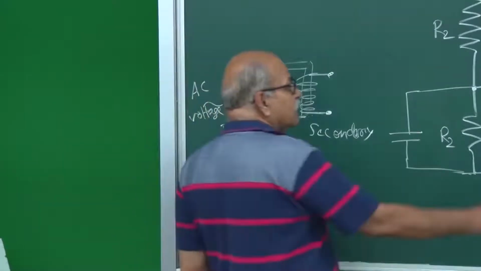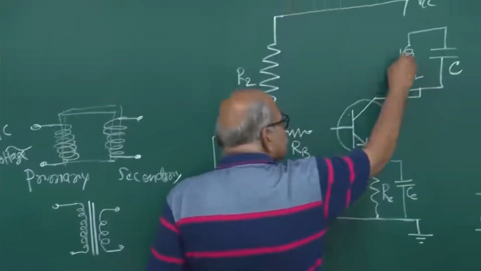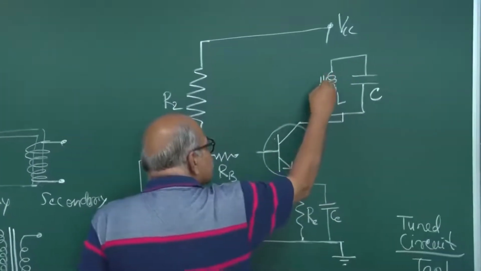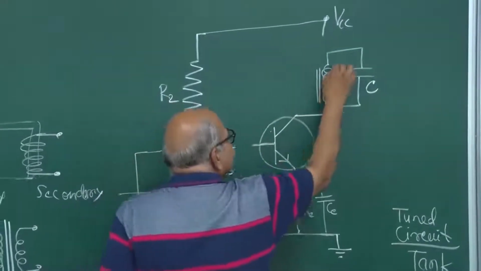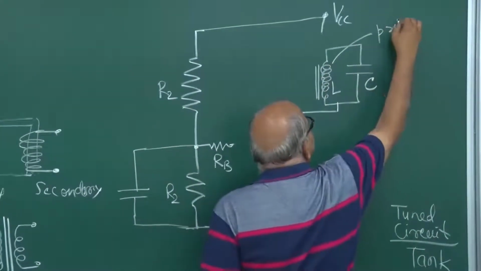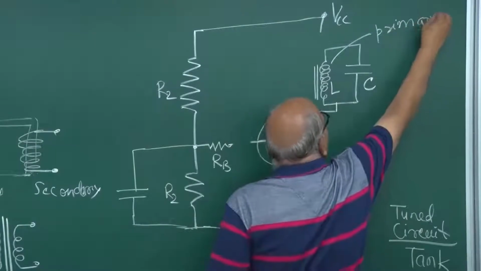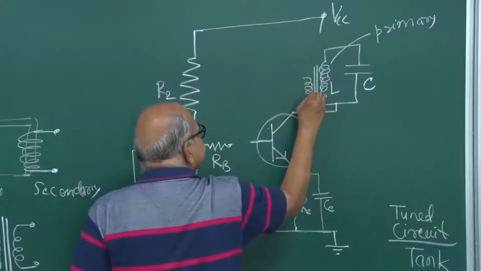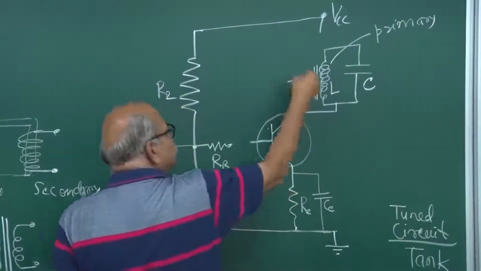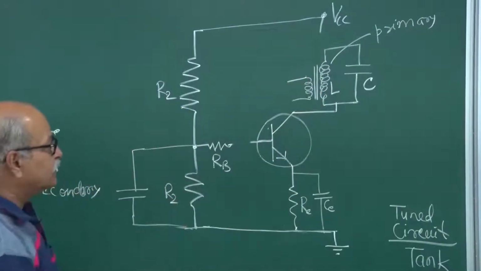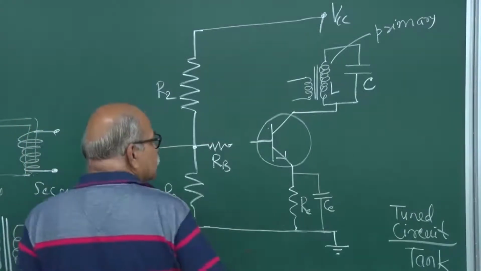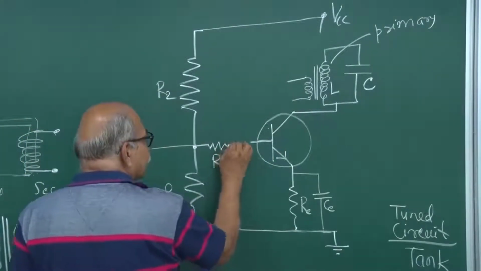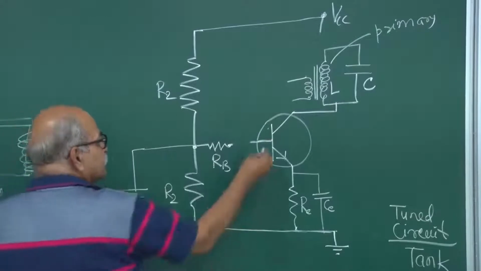So we put the symbol here. This is that transformer primary. This one is that primary. And then you have secondary, and number of turns you can decide, and also the way these windings are done. And this you can collect in this base circuit.